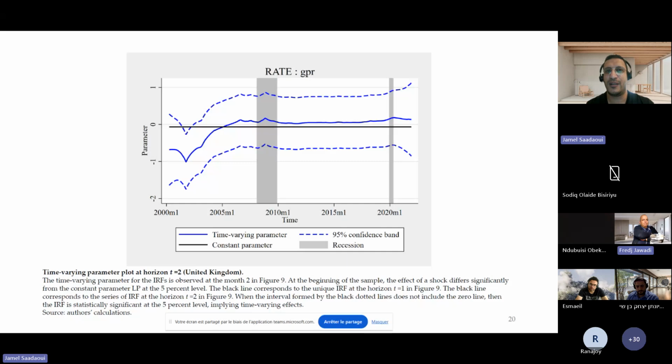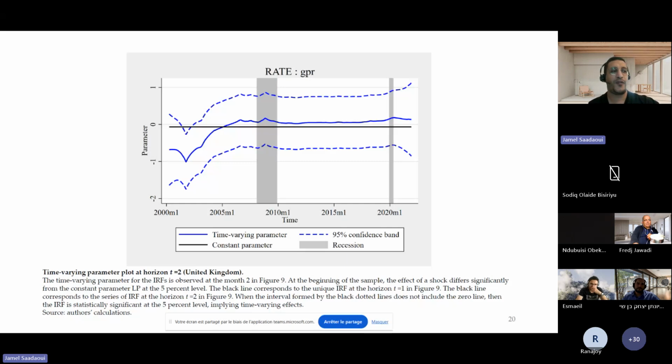But that does not mean that the constant local projection is non-significant. It just means it's not unstable. If you have stability, it's good for you. The story is clearer and more interpretable. You can rely on the average treatment effect if you have a dynamic causal treatment in your regression.